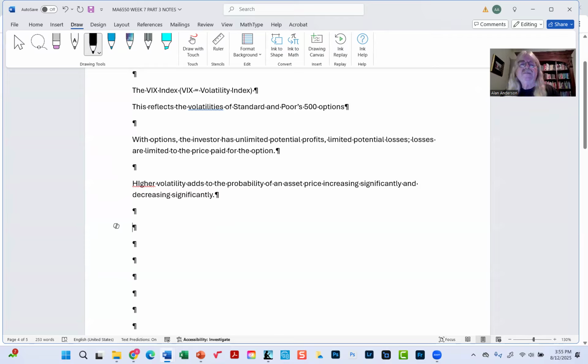Because look what's going to happen. All price increases in the asset will add to the value of the call. Price decreases, no matter how much they are, can only reduce the value of the call to zero.